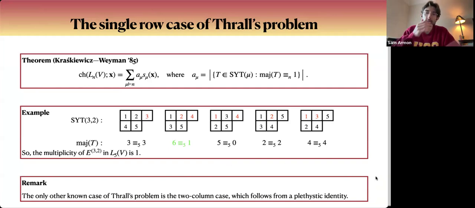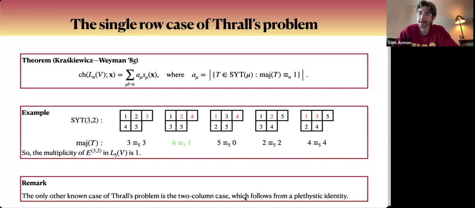Oh yeah, so maybe I'll remark that the graded pieces of the free Lie algebra correspond to the single row case of Thrall's problem, where the indexing partition is just one row. And outside of this, this is in a sense the only interesting case of Thrall's problem that's known.